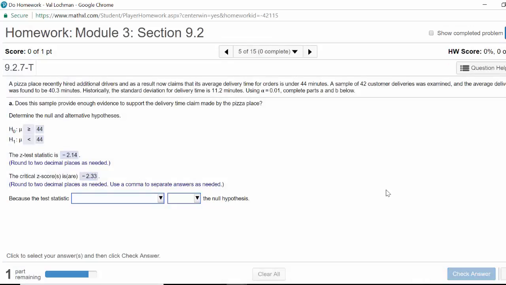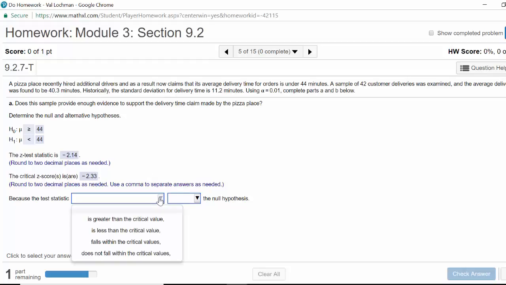Okay, so now the question is, what is the conclusion? I'm looking at the z-test statistic and at the critical value, and this value is bigger than this one, right? So in absolute value, it's smaller, but it's actually closer to 0, so it's lying in the non-critical region.